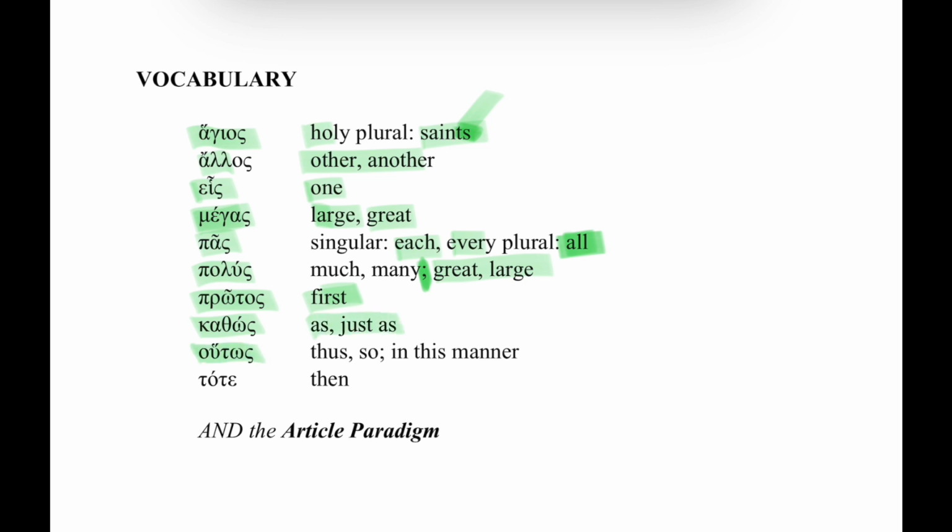Houtos means thus, so, or in this manner. This one's really important when we think about John 3:16. I encourage you to go look up John 3:16 in the Greek and see what you learn about houtos, and see what knowing this word does in your understanding of John 3:16. And then tote, which we just saw in our example, means then.